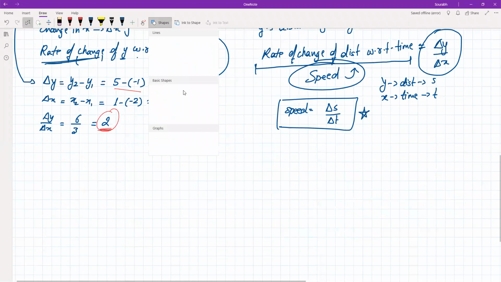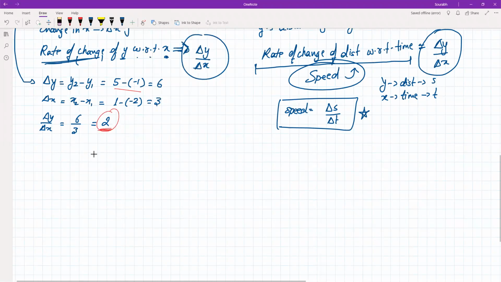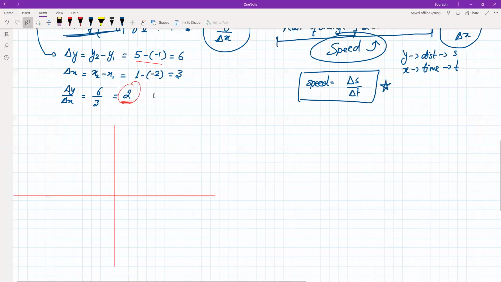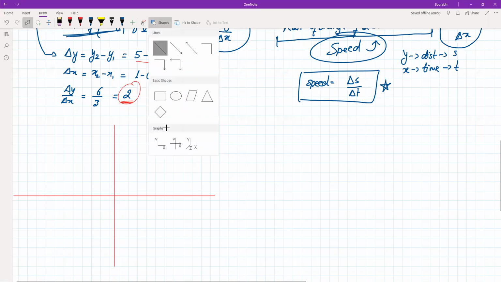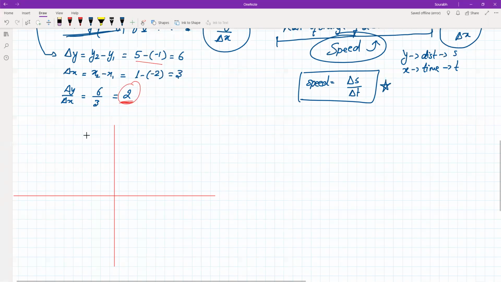How to prove that? So let this be our coordinate axis, and let this be any line. Doesn't matter, it's just a straight line. Okay, when we say delta y by delta x, what do we mean?